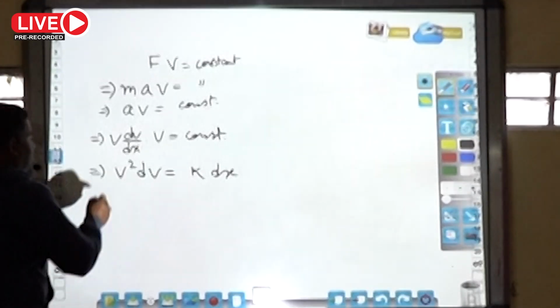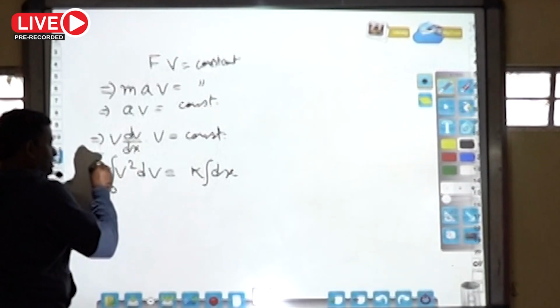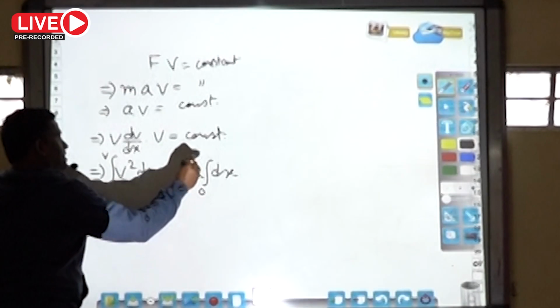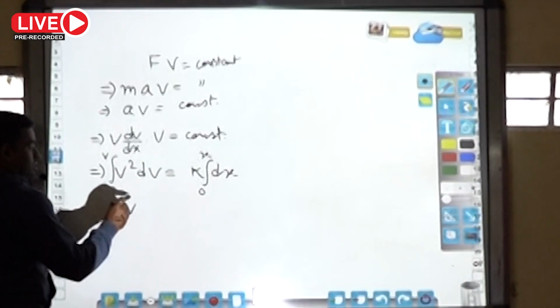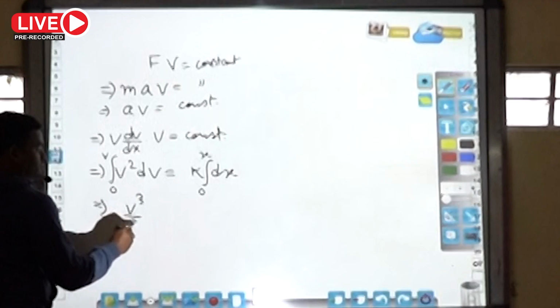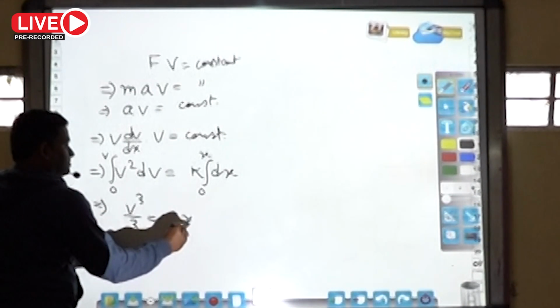Now integrate both sides, 0 to v, 0 to x. So it will become v to the power 3 by 3 and it will become kx.